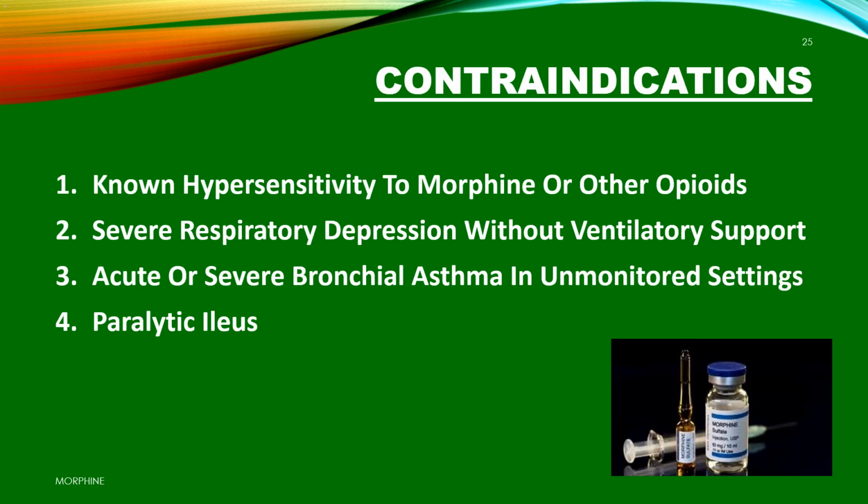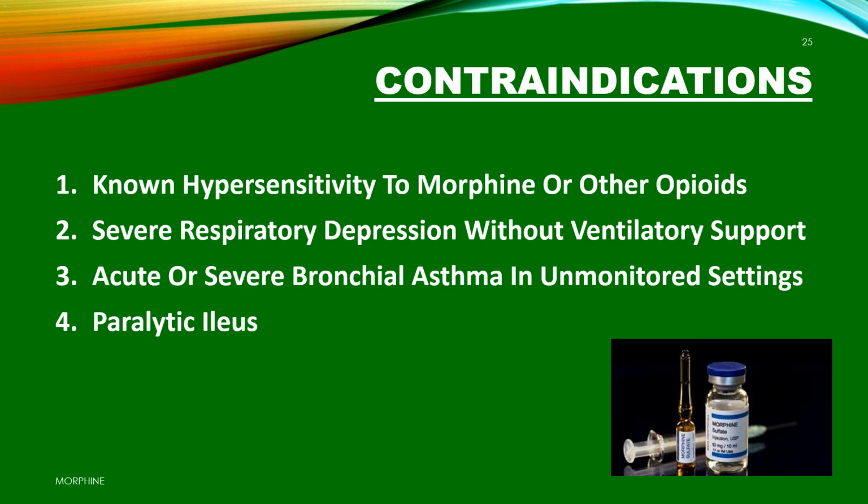Contraindications for morphine. 1. Known hypersensitivity. Morphine is contraindicated in patients with a known hypersensitivity to morphine or other opioids, as it can trigger allergic reactions. 2. Severe respiratory depression. Morphine is contraindicated in patients with severe respiratory depression who are not receiving ventilatory support, as it can further compromise breathing. 3.